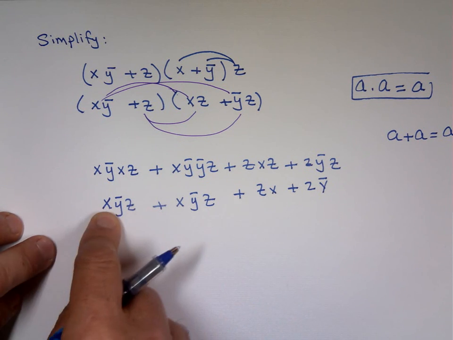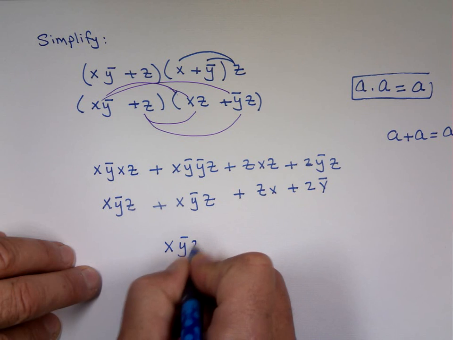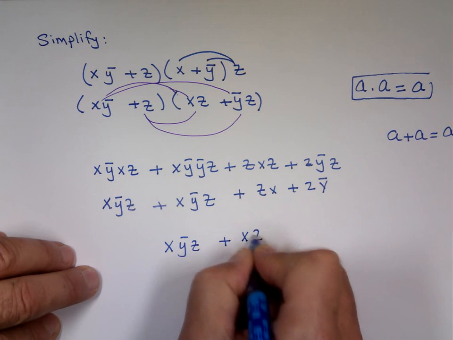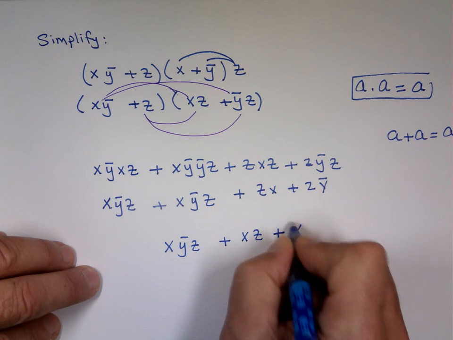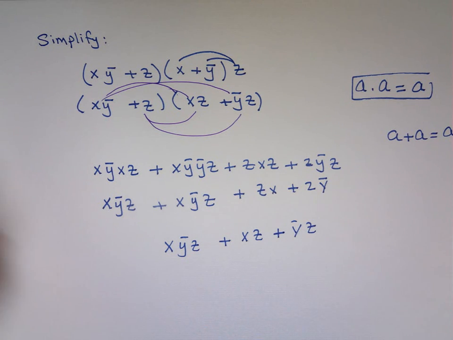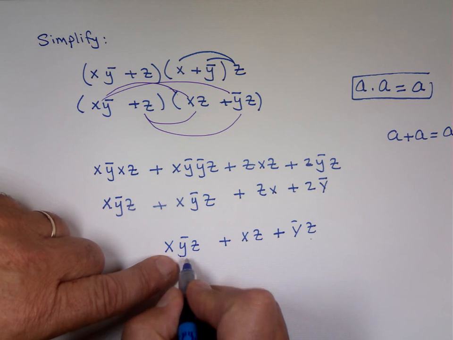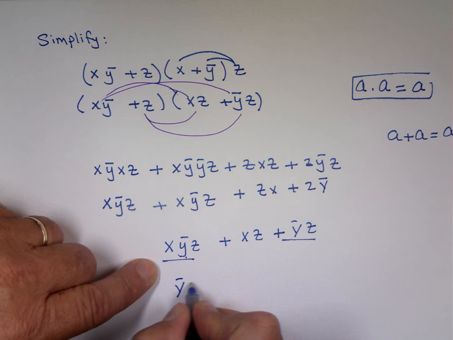I can drop one of them out. Can you drop a y bar? Well, let's look at y bar z, which is these two, right? If I take these two, I can take y bar z out.